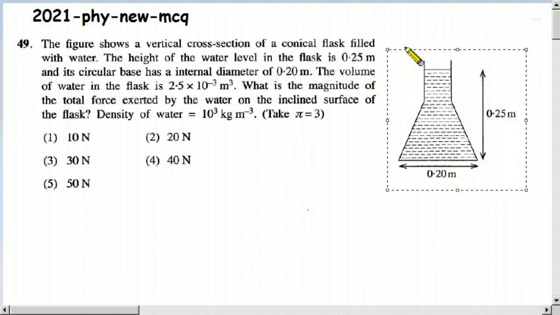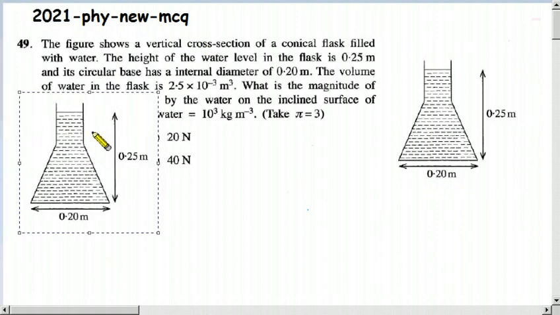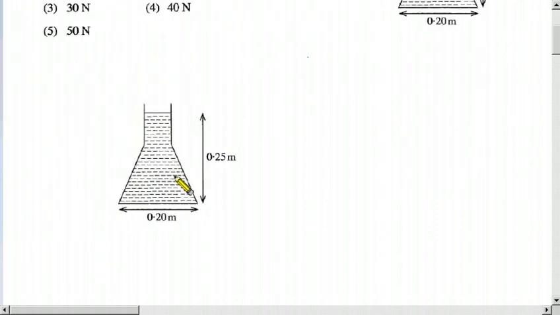So children, you have to consider the mass of water and the flask separately. You have to consider the equilibrium of these two bodies. Therefore I delete this flask. Only the water, the volume of water, I take into account.